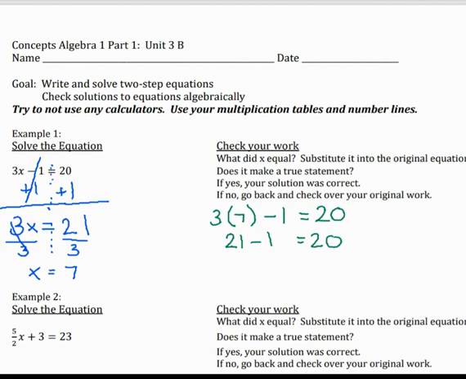Then 21 minus 1 is 20. So am I left with a true statement? Does 20 equal 20? Yes, it does. So therefore, I can circle my answer of x equals 7. Any questions?